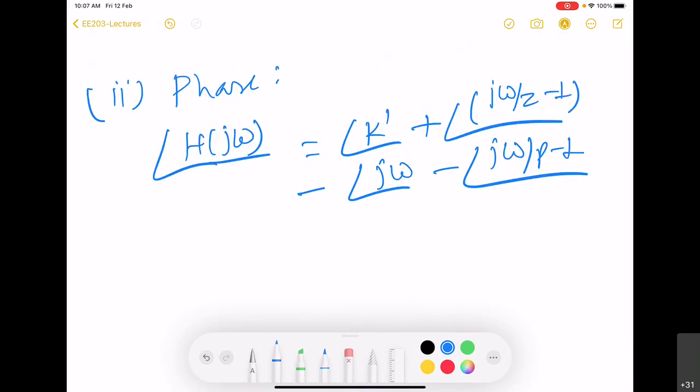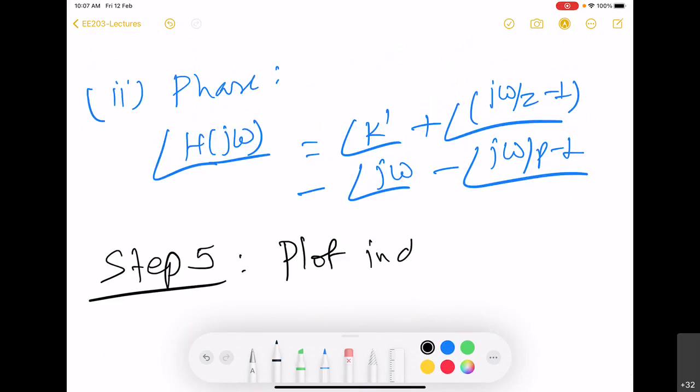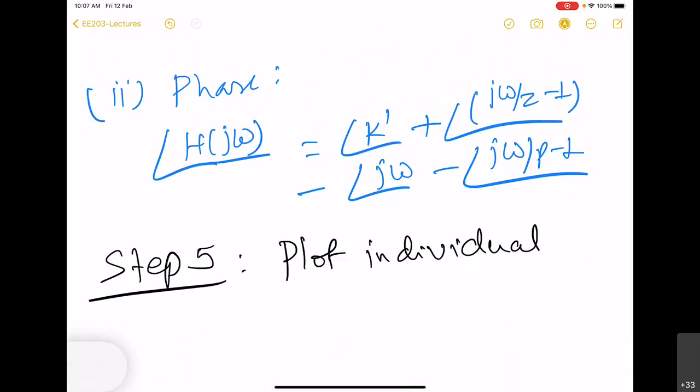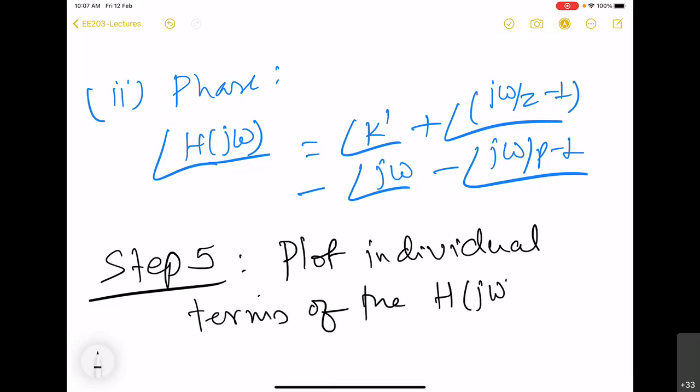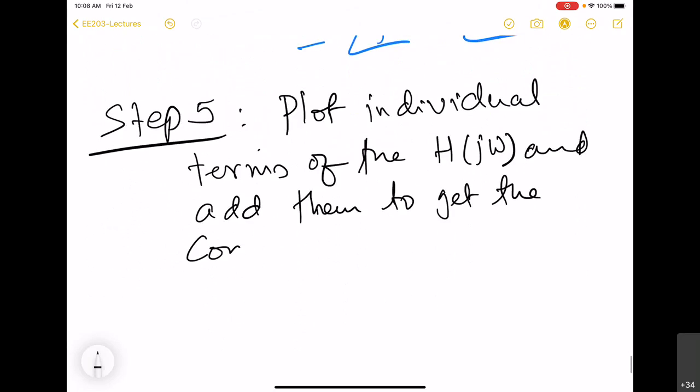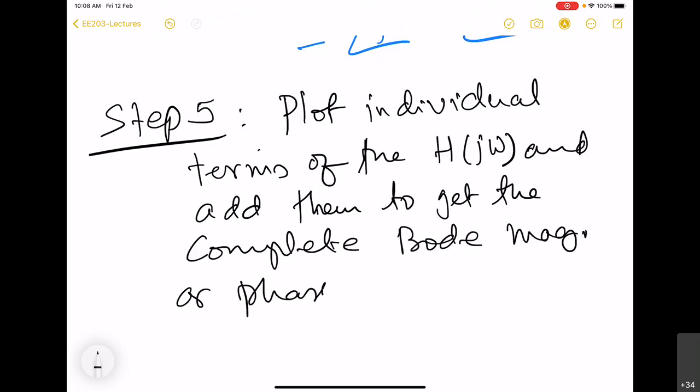So this is step 4, and let me complete this by pointing out that step 5 is simply to plot the individual terms of the transfer function and add them to get the complete Bode magnitude or phase plot.